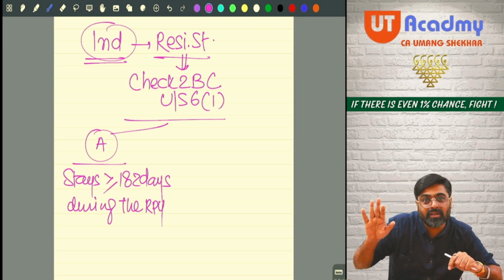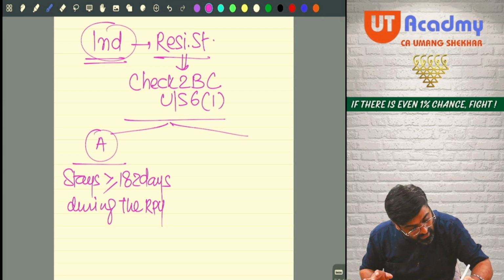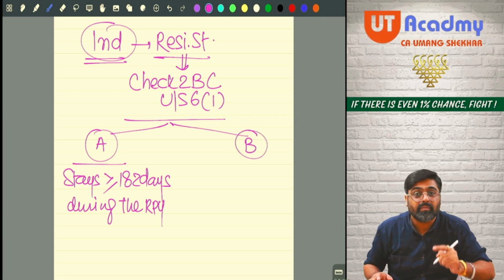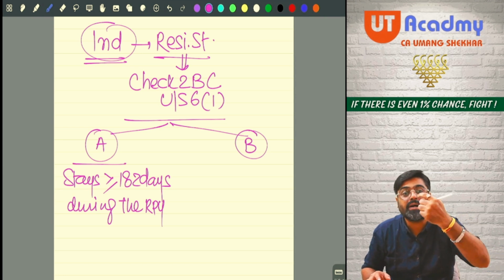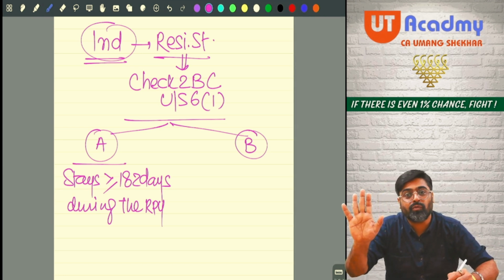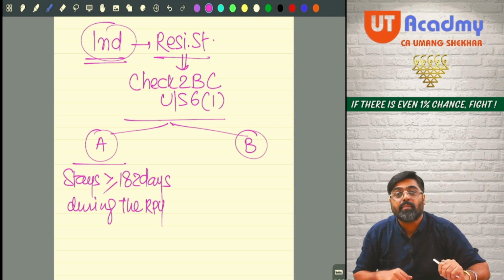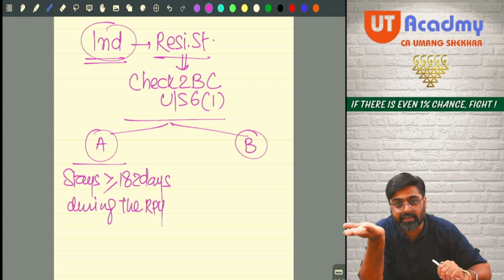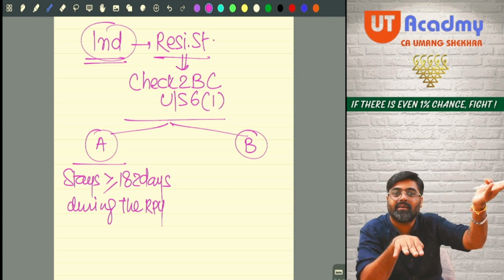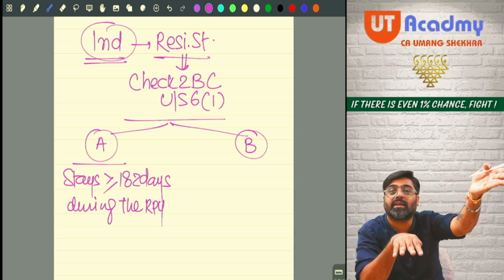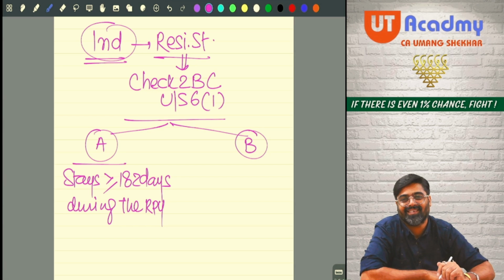Either you fulfill A and become resident, then no need to check B. But if you don't fulfill condition A, then check condition B. Maybe you satisfy condition B and become a resident. Getting my point?